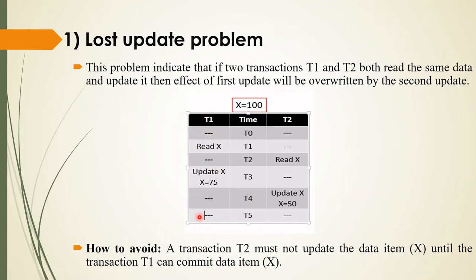So after completing transaction T1, T2 can read the data, and then this problem can be avoided. Here T1 is not committed yet, but T2 read and updated the data, so the original value is overridden by T2. This is the lost update problem.